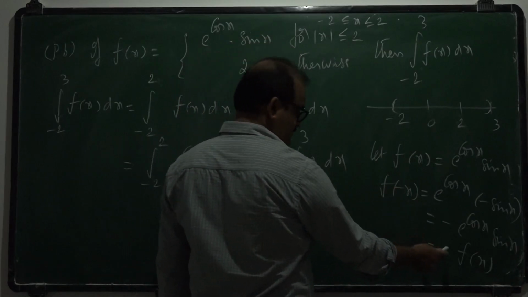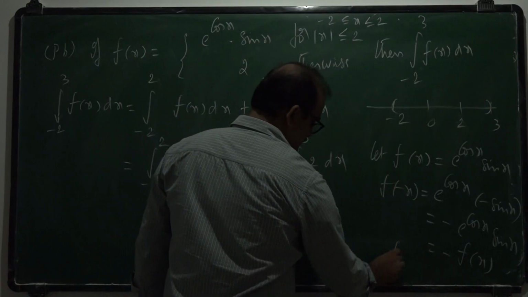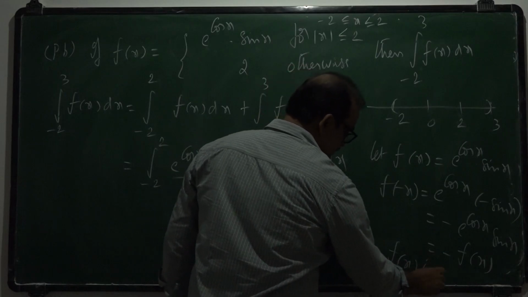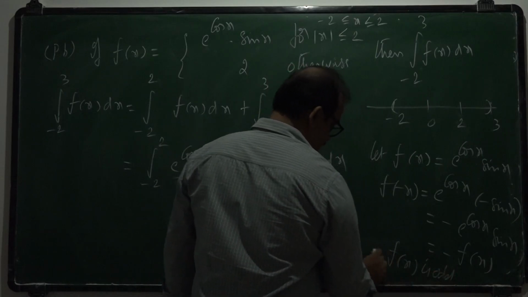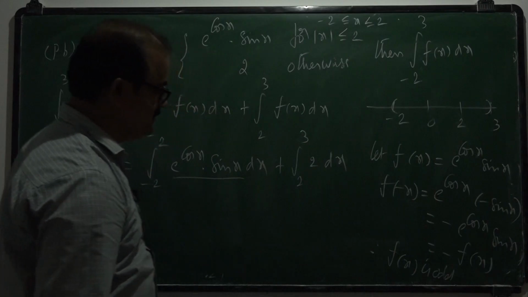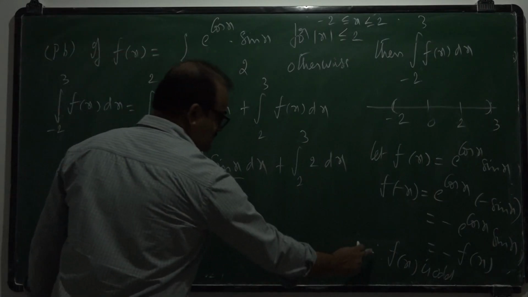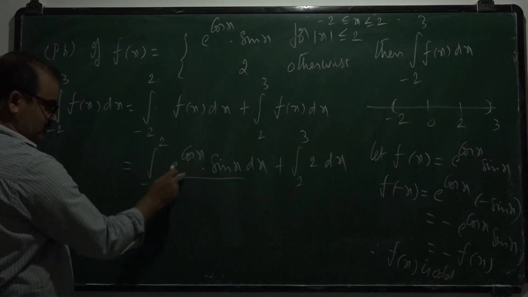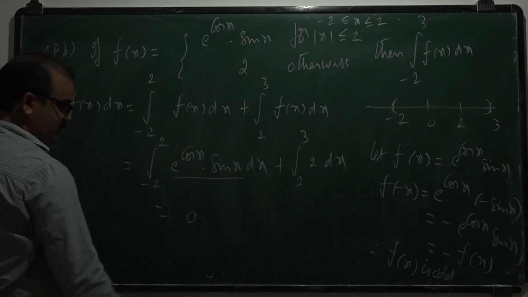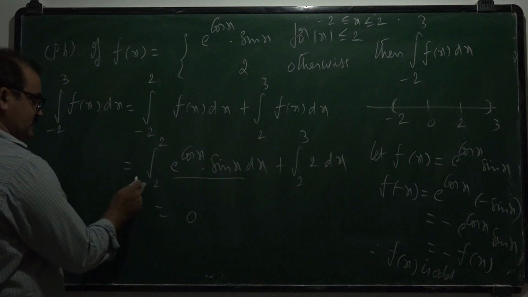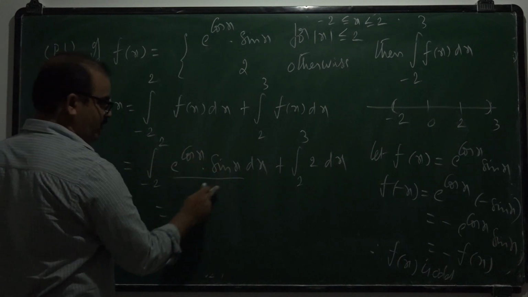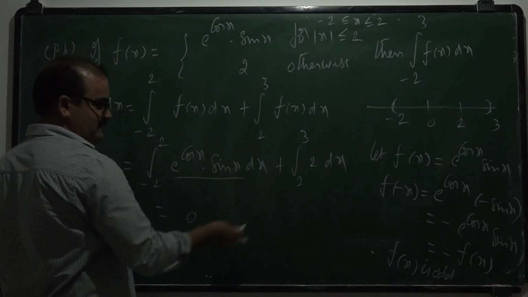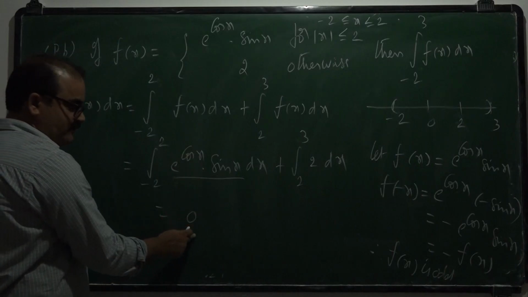If f of minus x is minus f of x, then f of x is an odd function. If f of x is an odd function, then the integral value of this is 0. We have one property: integral minus a to a of f of x dx, when f of x is odd, its value is 0.